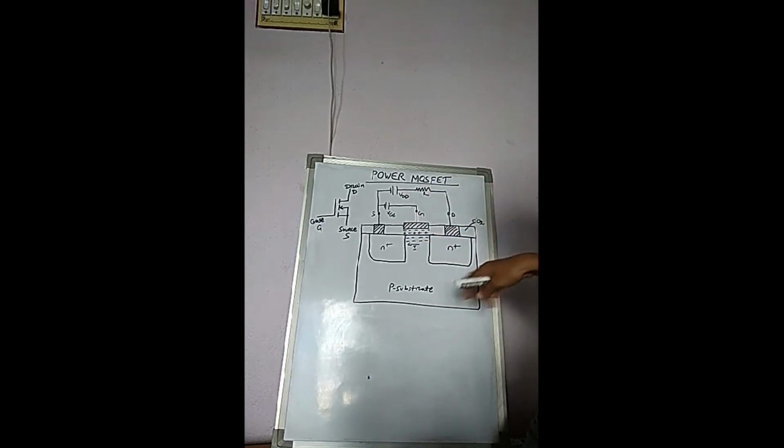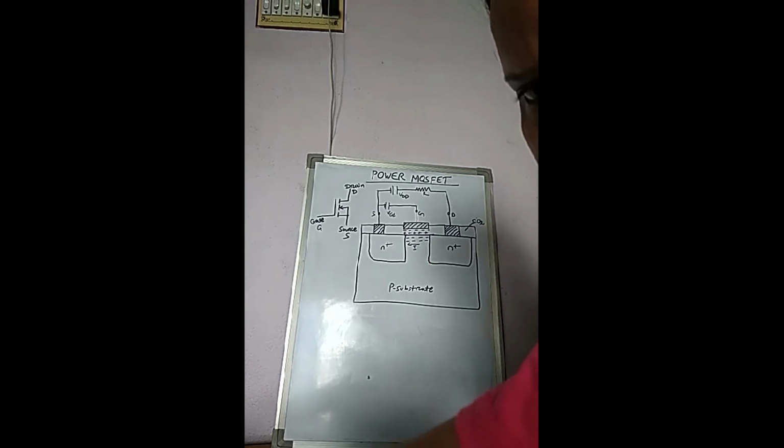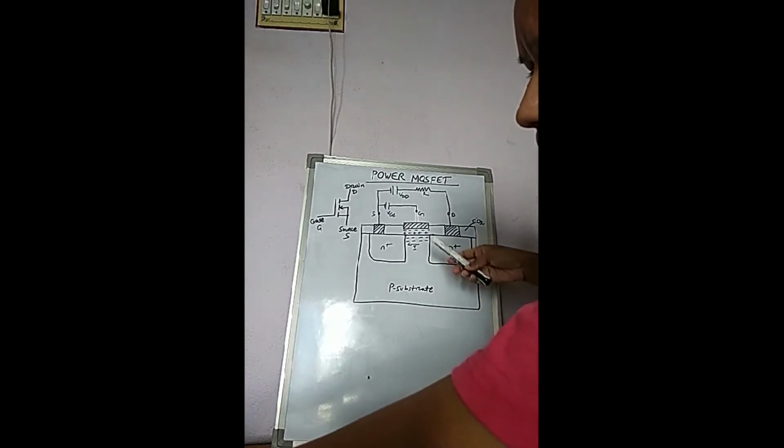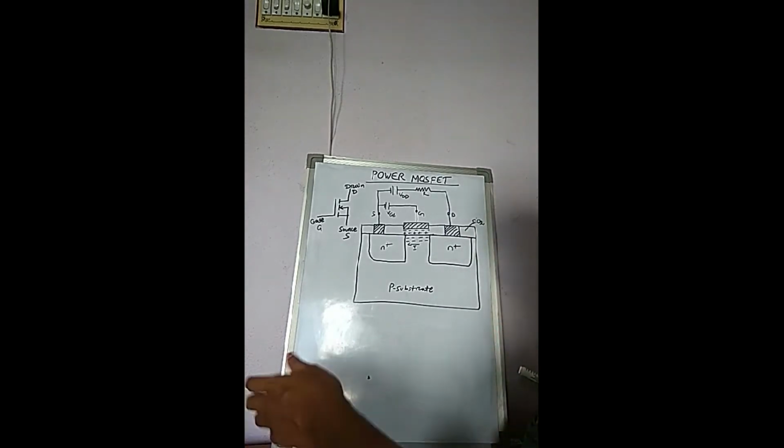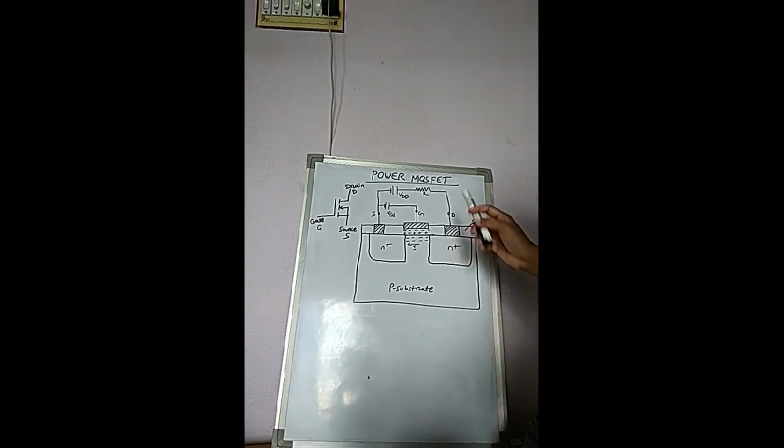So this is the structural diagram of the N-channel enhancement type power MOSFET. Actually, power MOSFETs are of two types, that is N-channel enhancement MOSFET and P-channel enhancement MOSFET.